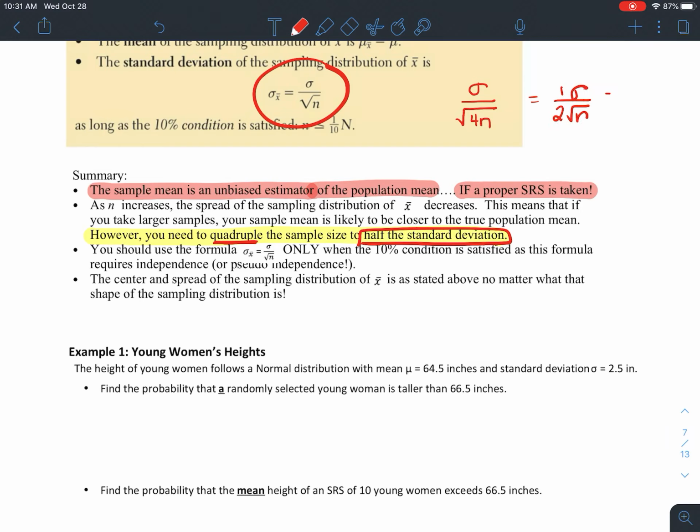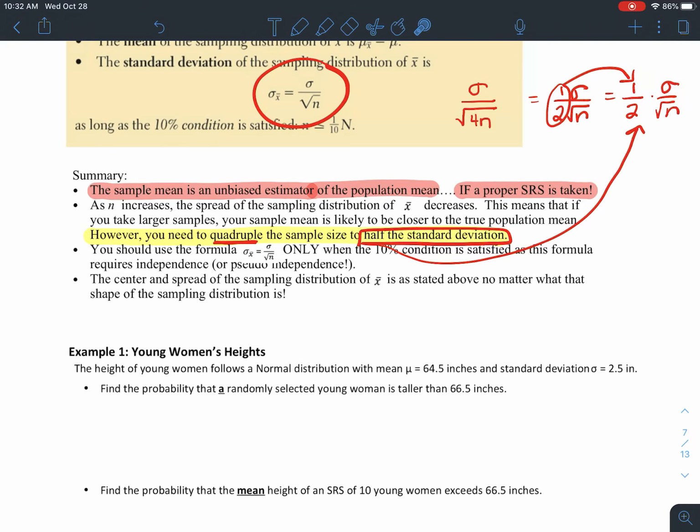Now I can put that fraction 1/2 just in front of my formula, and that causes the standard deviation for my sampling distribution of x bars to be cut in half, or multiplied by 1/2.